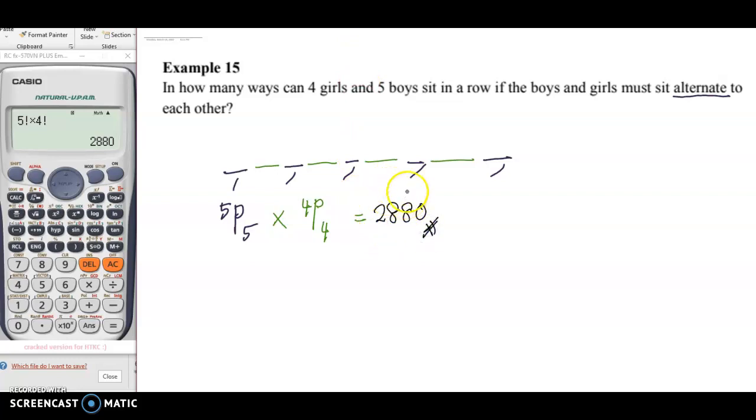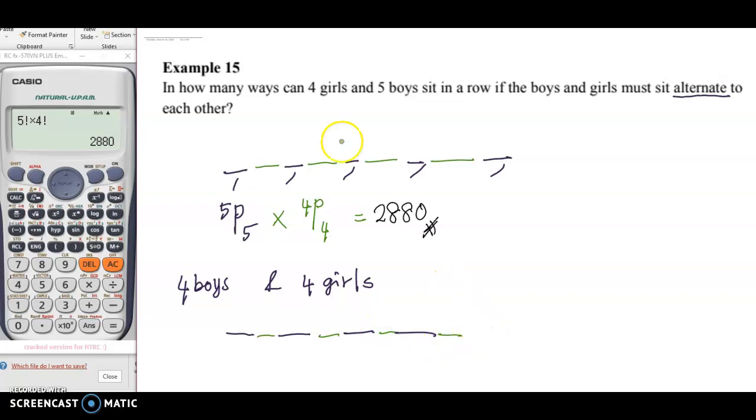But what happens if we have the same number for boys and girls? Let's say we have 4 boys and 4 girls. We want to sit alternately. So 1, 2, 3, 4, and then the boys 1, 2, 3, 4.